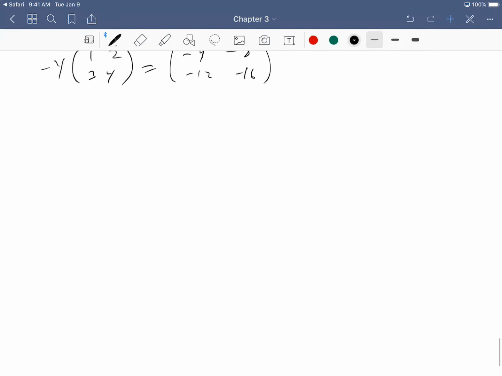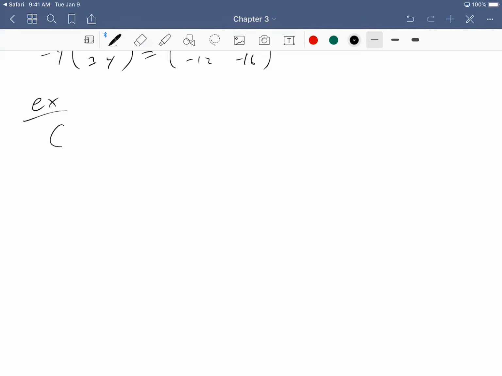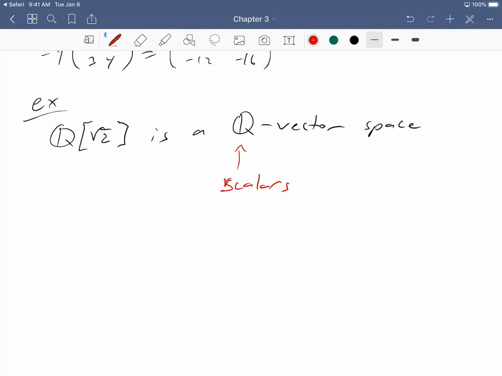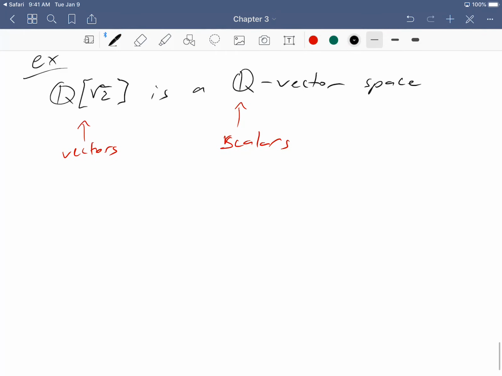Here is another one. Q adjoin root 2 is a Q vector space, a vector space over the rationals. Now again, I'm telling you these are my scalars and these are my vectors.